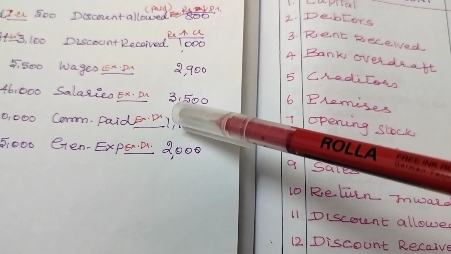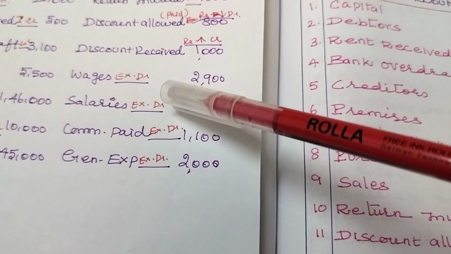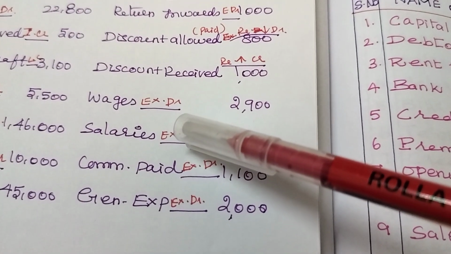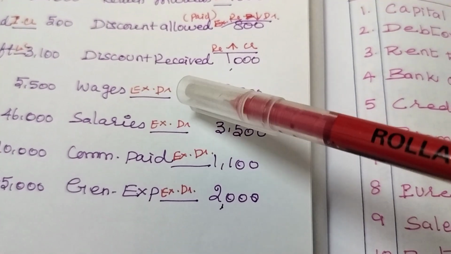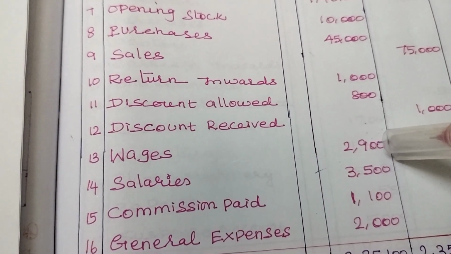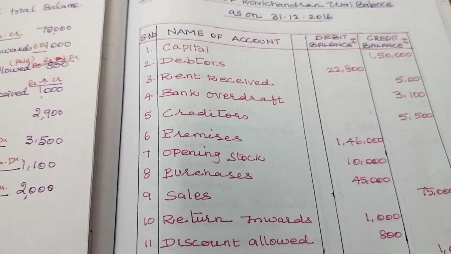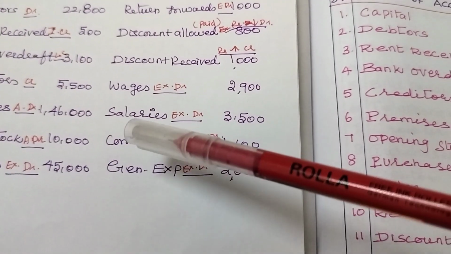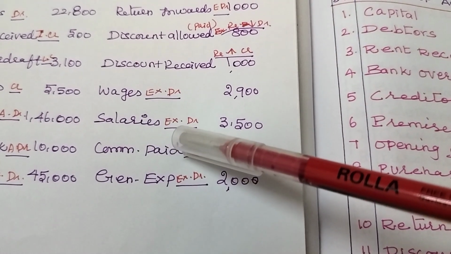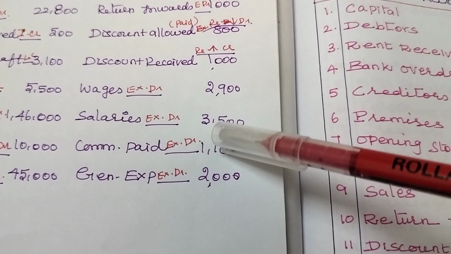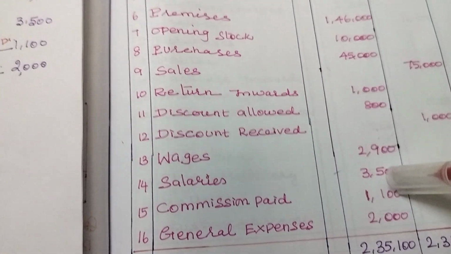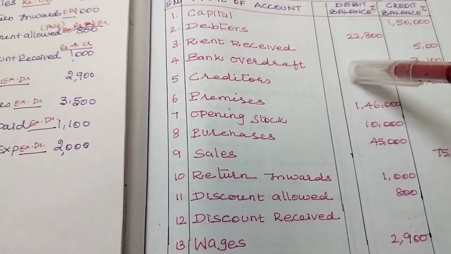Then wages 2,900. Wages is an expense. All expenses are debited. So wages rupees 2,900 is entered on debit balance. Then salaries rupees 3,500. Salaries is an expense. All expenses are debited. So salaries 3,500 is entered on debit balance.